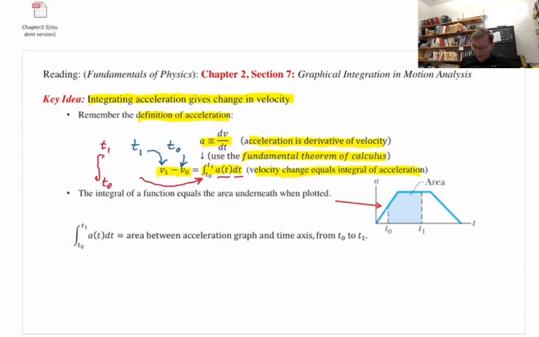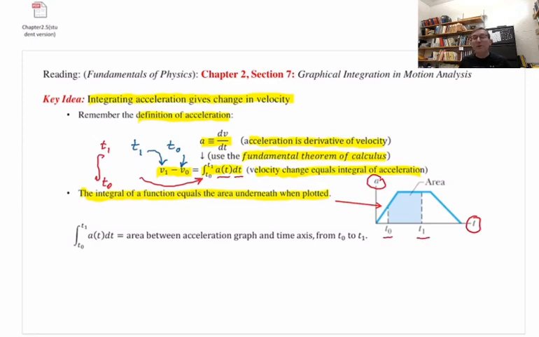The integral of a function equals the area underneath it when it's plotted. Okay? So we're integrating acceleration with respect to time. So we need to be given a graph of acceleration on the vertical axis and time on the horizontal axis. And then we've got to mark out the starting time, wherever that is based on the problem, t0, and the ending time, t1.